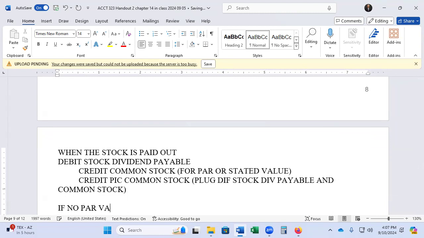If no par value, all goes to common stock.